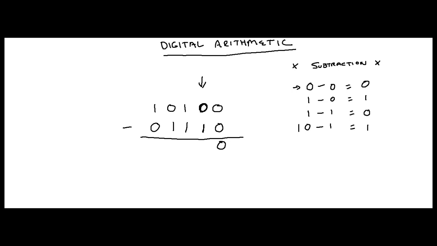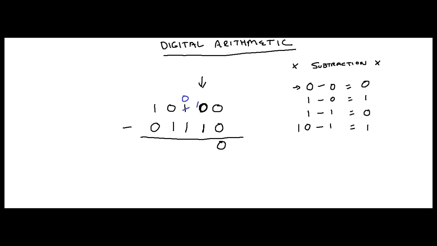I'm going to change colors now into blue because I want to emphasize this. We're going to borrow 1. So this now becomes a 0, right? And we're going to put a 1 there. Got it?